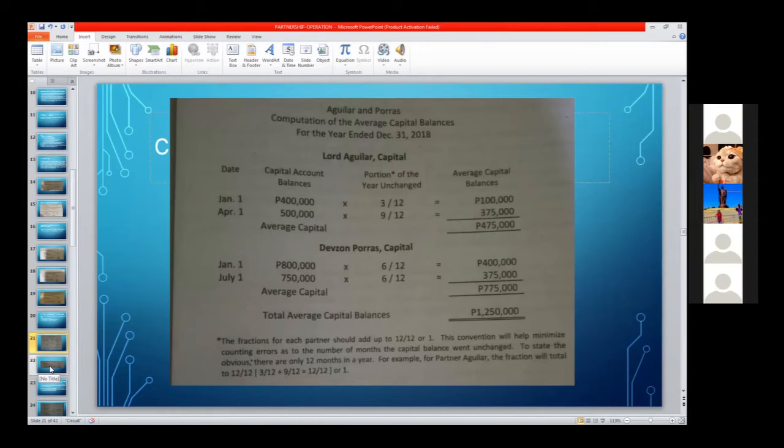For example, dito, ang tinatanong kunwari is yung average capital ni Porras. So, ang isasagot mo lang is yung 775,000. Pero kapag ang tinatanong naman is yung total average capital balance, meaning yung kay Aguilar and Porras na, which is yung 1,250,000. So, yon. Next slide po.